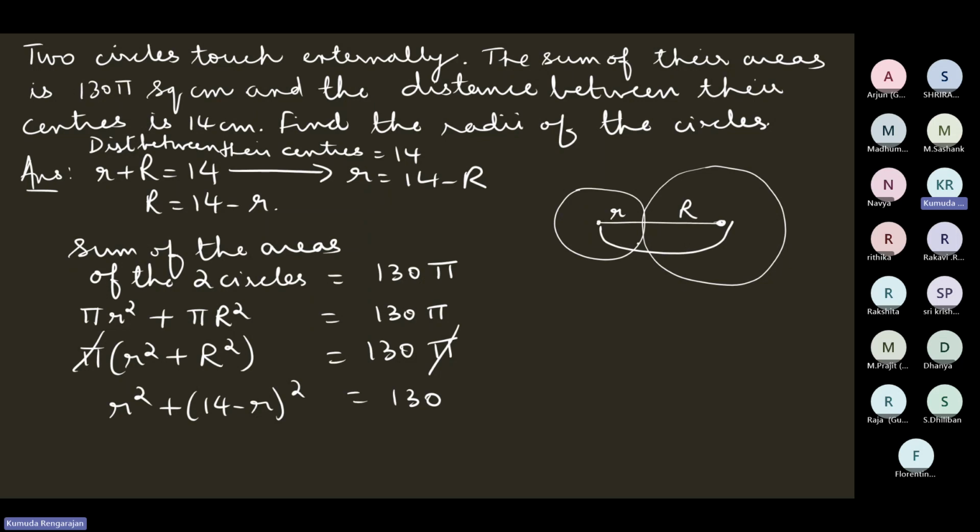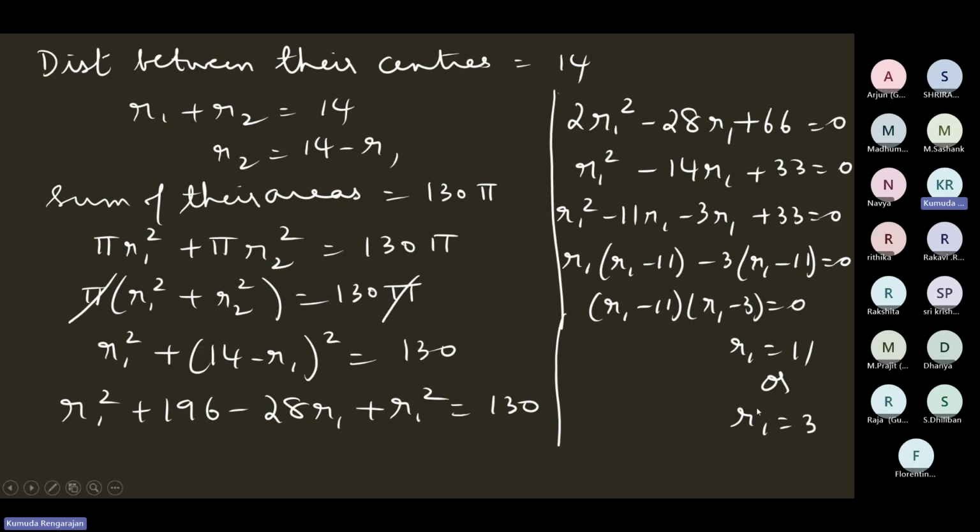And then the sum of their areas, pi R1 square plus pi R2 square, is equal to 130 pi. So on working that and substituting R1 in terms of R2 or R2 in terms of R1, you get a quadratic equation. Solve and get the two values and substitute again to get the final answer. Next one.